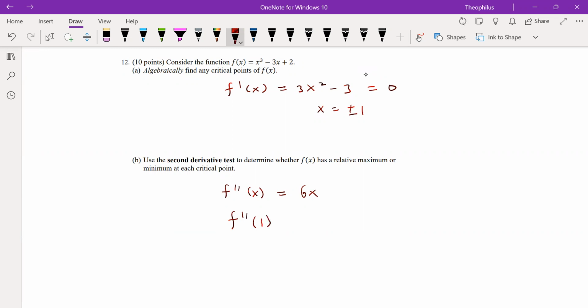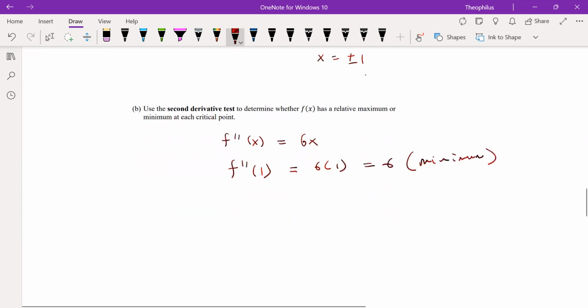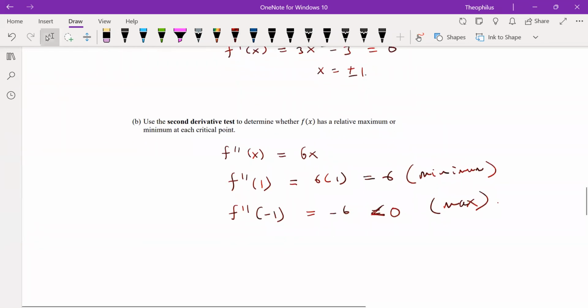Let's pick the first one, which is 1. That gives us 6. If it's 6, then we will be talking about a minimum. Then if we evaluate and get -6, we'll be talking about a relative maximum.